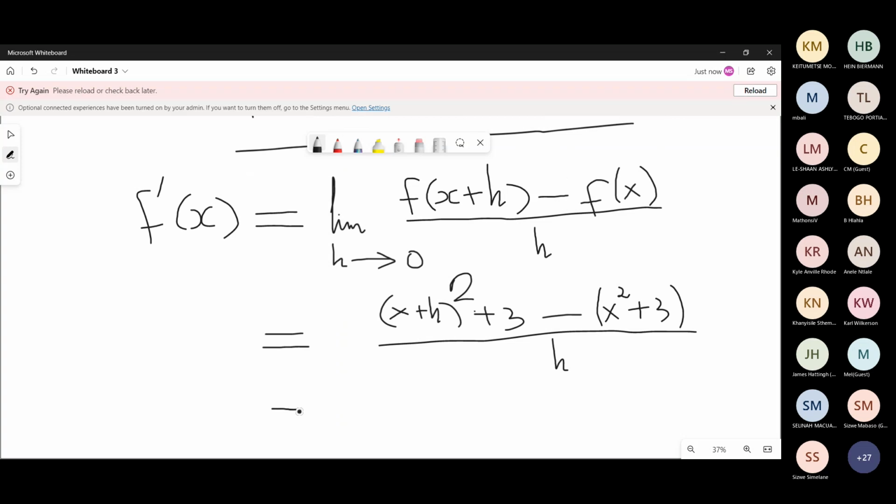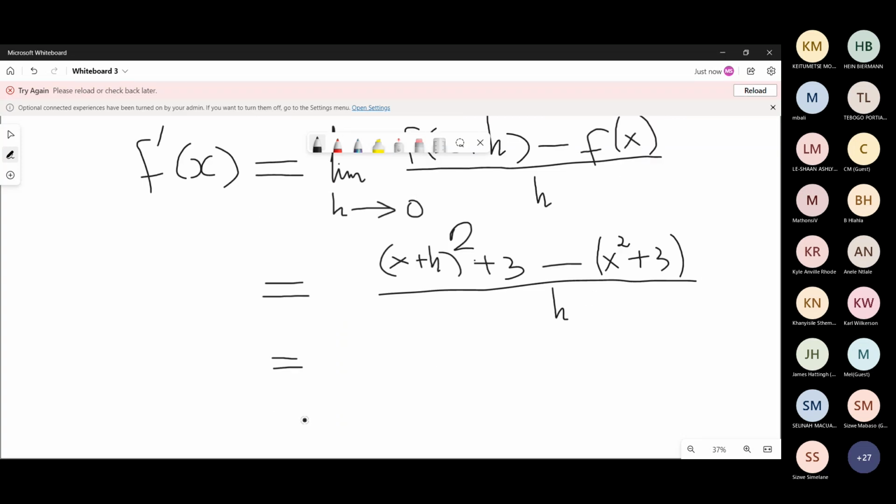Now we continue with the calculation. As you can see, x plus h squared will be x squared. I hope you can all remember this. Plus, how do you find this? x plus h, second power, is x squared plus 2xh plus h squared, right?